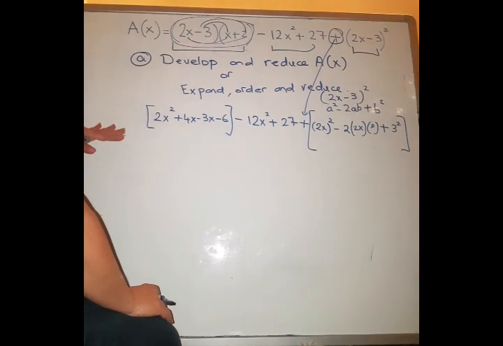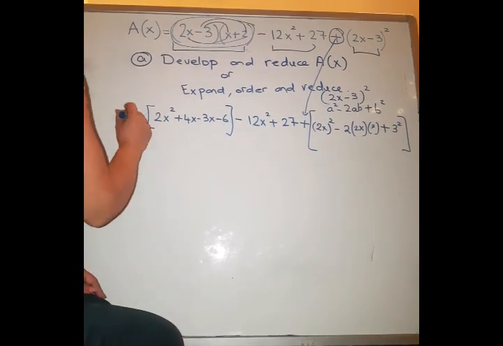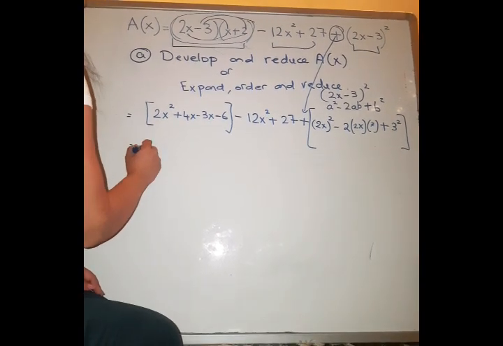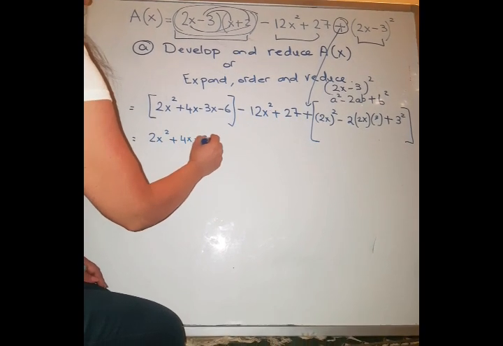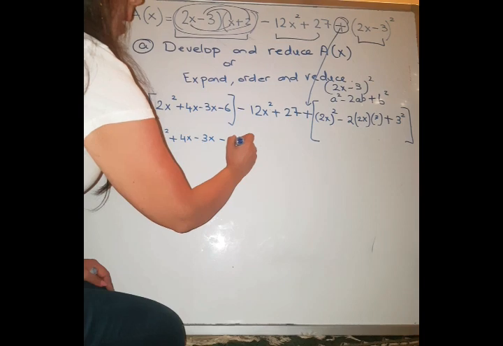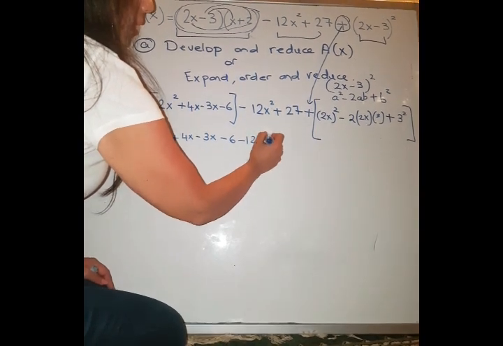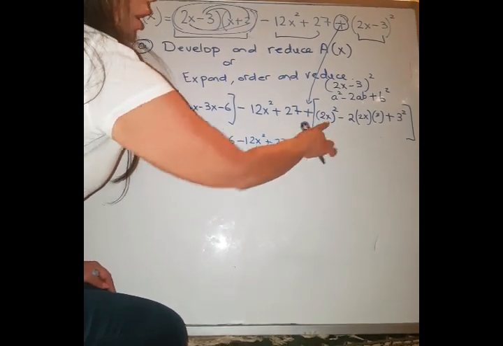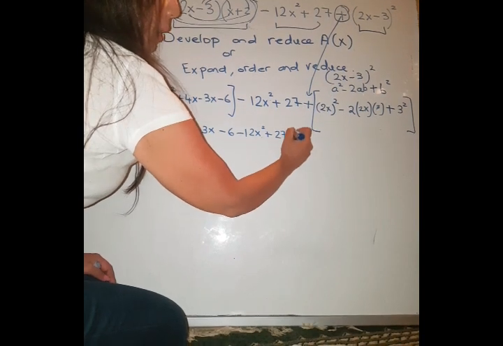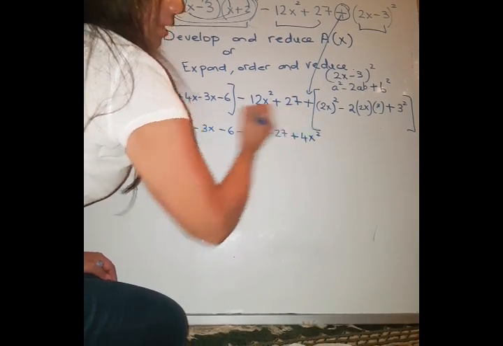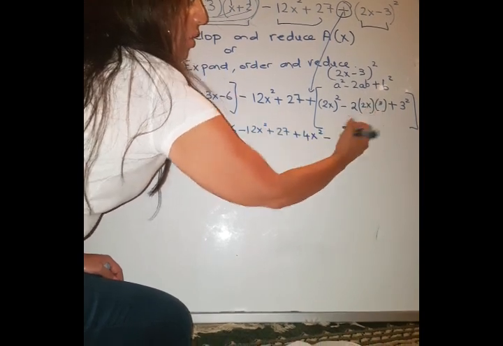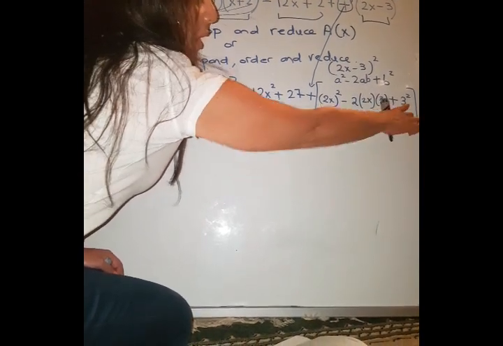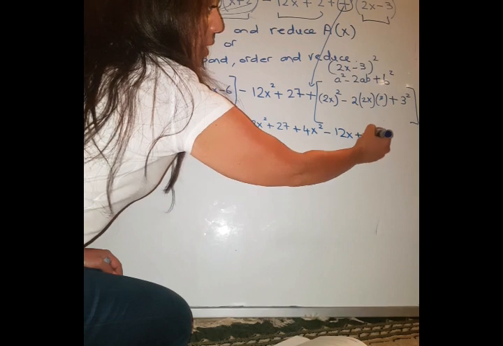And now, what do I have to do? I have to open it all up together. 2x² + 4x - 3x - 6 - 12x² + 27 + 4x² - 12x + 9.